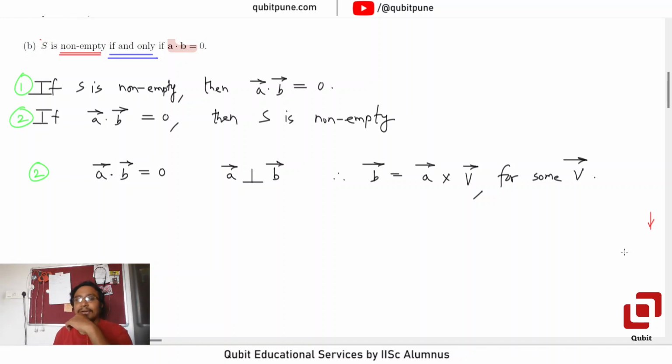Is that clear? According to the magnitude of b bar and a bar, we can decide or adjust the magnitude of v bar and sine theta. Is that clear or not clear? Okay, so this if part is clear.